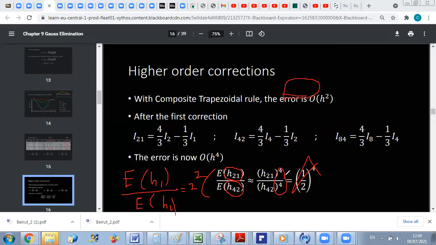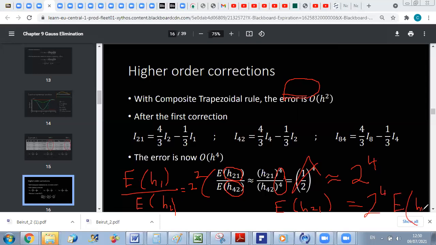And since I am doubling segments, the ratio of virtual steps h21 over h42 is 2, so I get approximately 2 to the power 4. This means that I can replace the error obtained with h21 by 2 to the power 4 times the error obtained with h42.